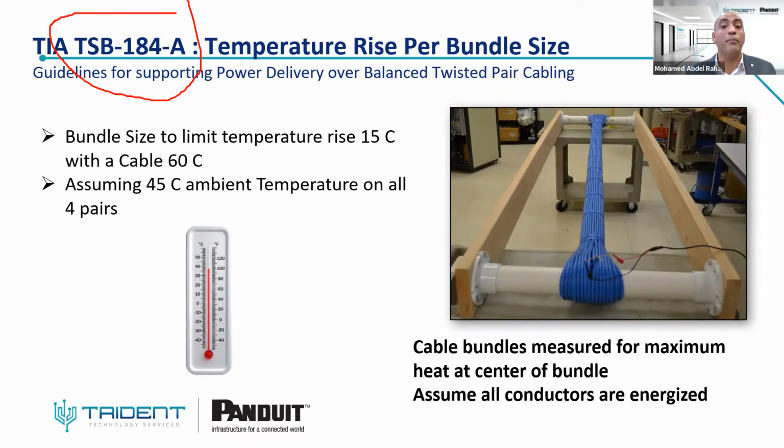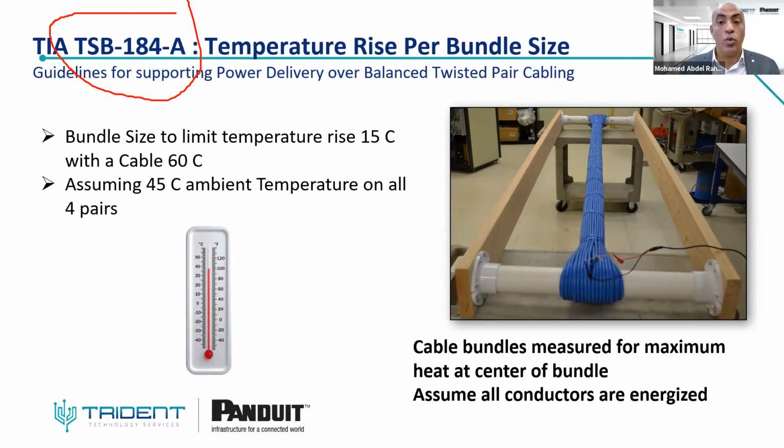The maximum temperature rating for any standard cable in the market is around 60 degrees. Today, we will discuss another recommendation in the following slide to get cable with a higher temperature rating.